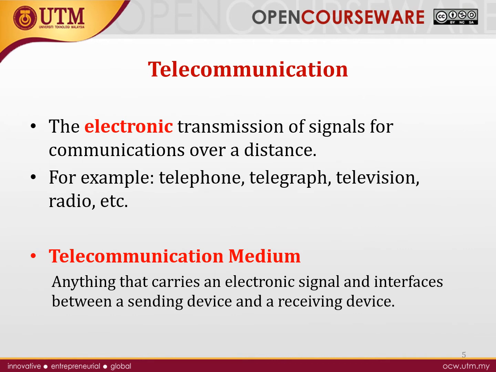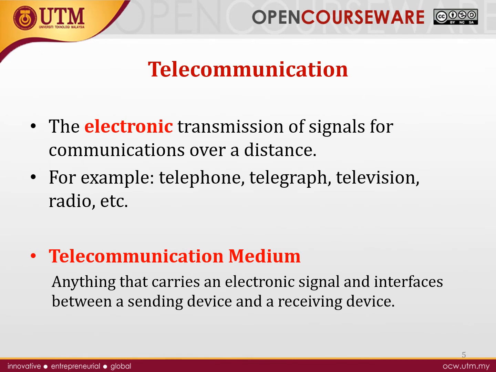Telecommunication is any electronic transmission of signals for communications over distance, for example, the telephone, telegraph, television, and radio. So how does this work? It works through electronic transmissions. How is the signal carried out?